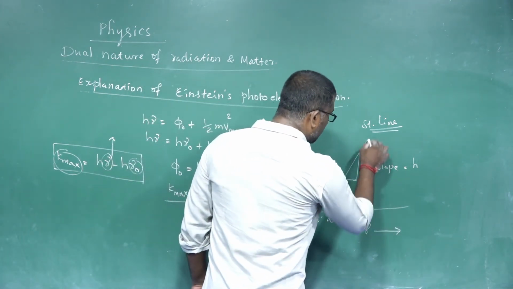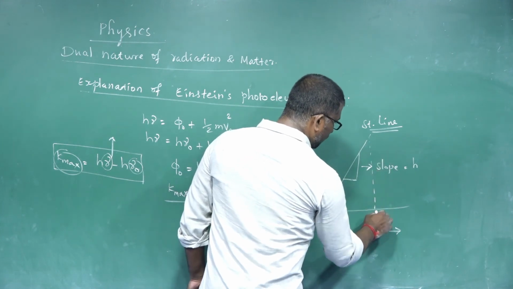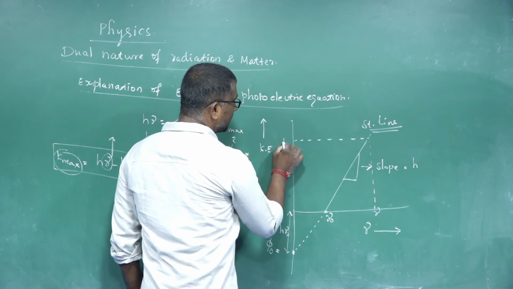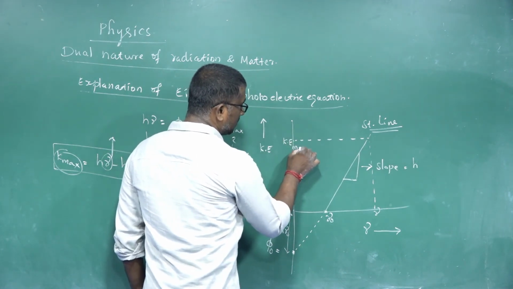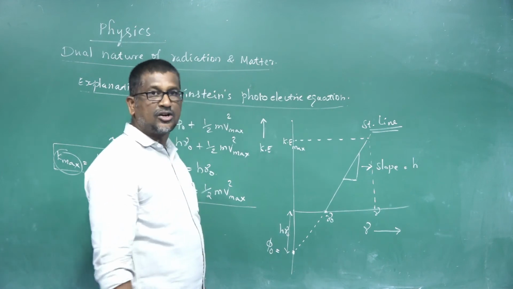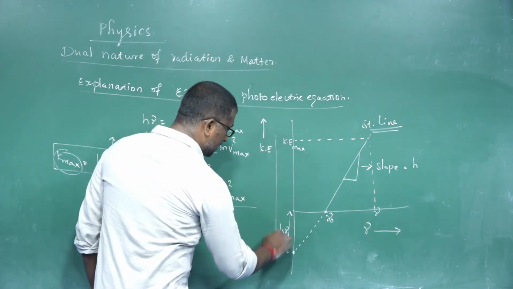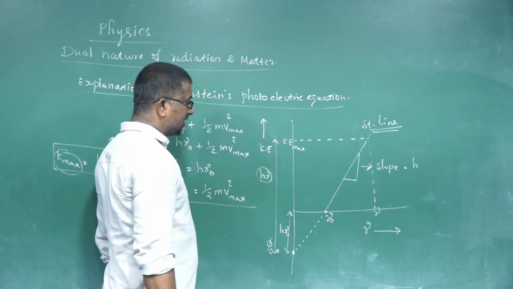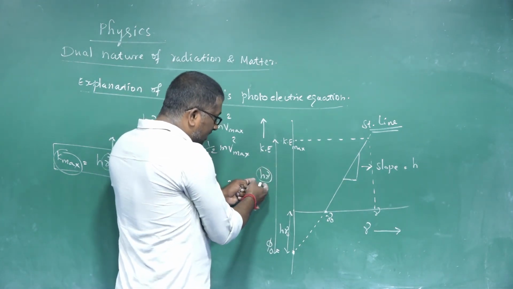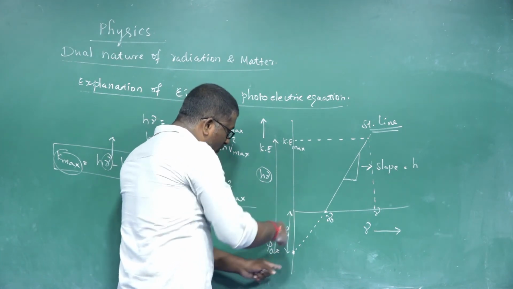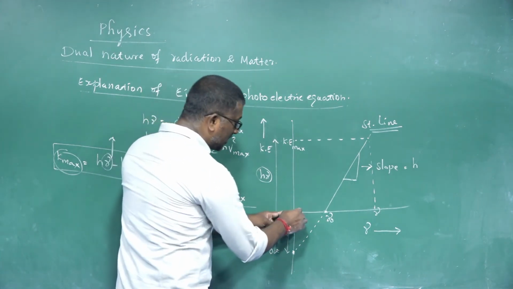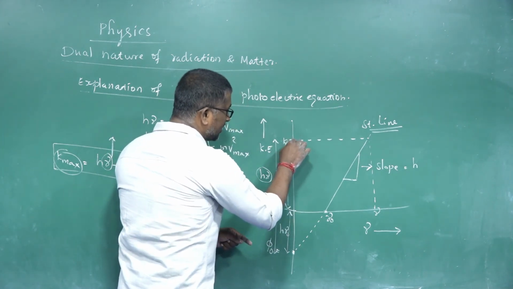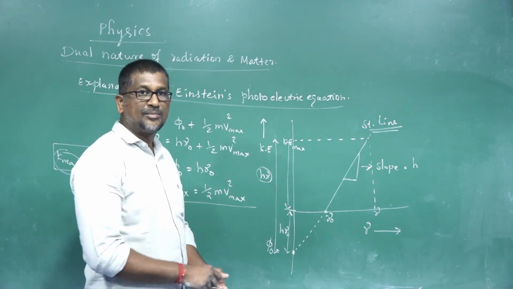At one particular frequency of the incident radiation, the kinetic energy of the emitted electron is maximum. Among the energy of the incident radiation, a part of the energy is used as the photoelectric work function of the metal, and the remaining part becomes the maximum kinetic energy of the emitted electron.